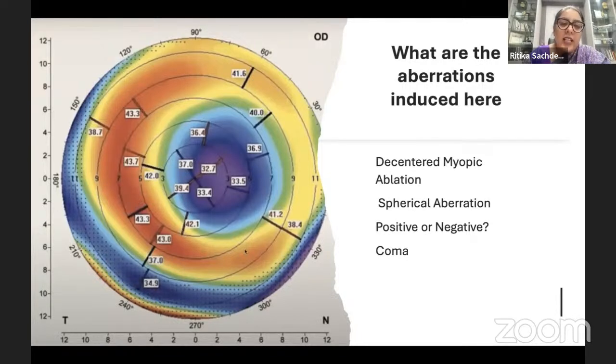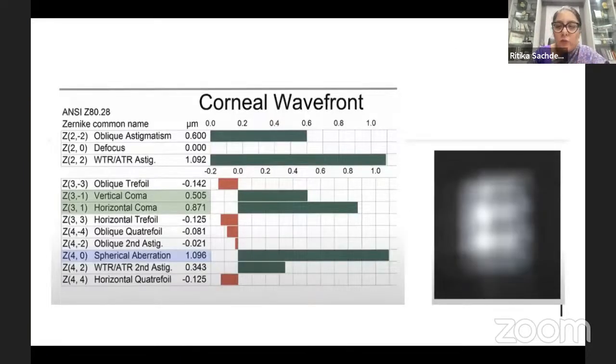Because it is a decentered ablation, remember in the center, if you have two power areas coming into play, the aberration you introduce is the coma. It's more horizontal than a vertical deviation. So it's actually a diagonal. So you'll be having horizontal plus vertical coma coming into play here, right? So look at the wavefront profile and the image because it's a combination.